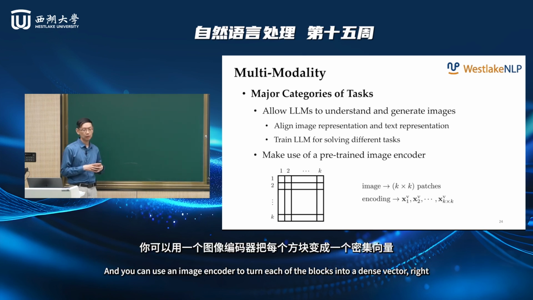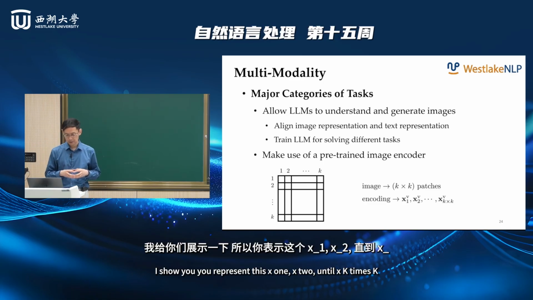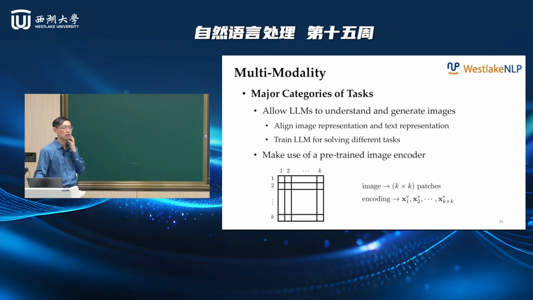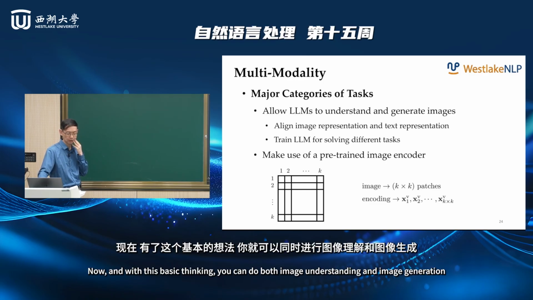You can use an image encoder to turn each of the blocks into a dense vector. So you represent this as x1, x2 until xK times K. These are the patches in an image, and each patch is a vector now.